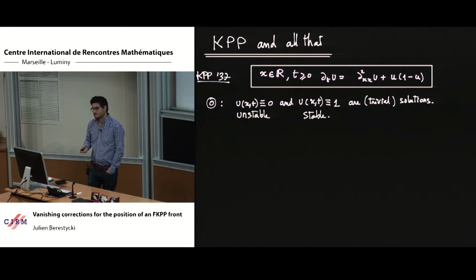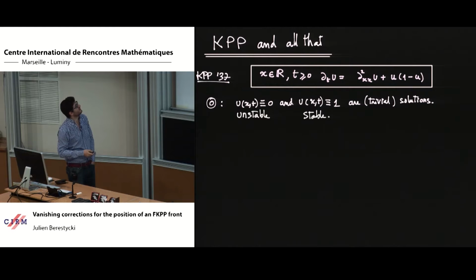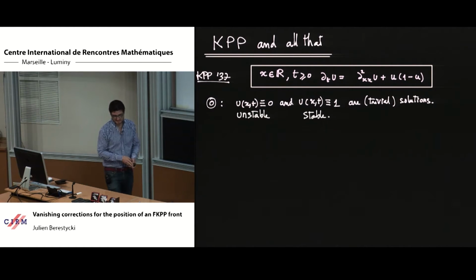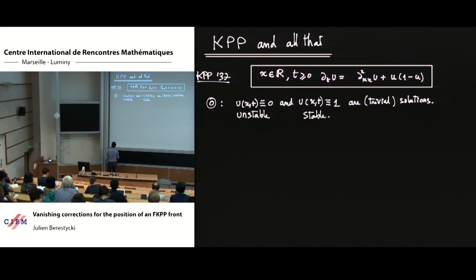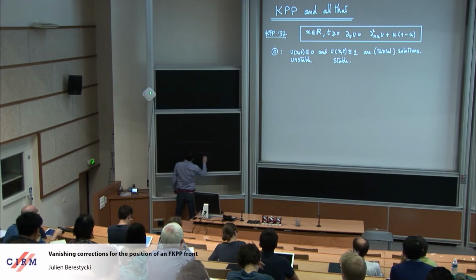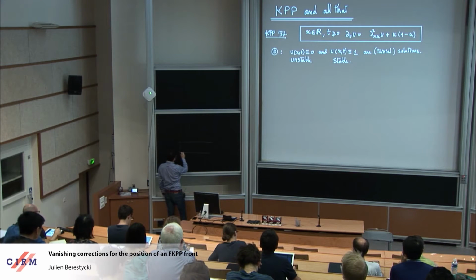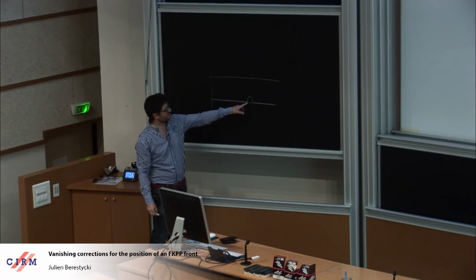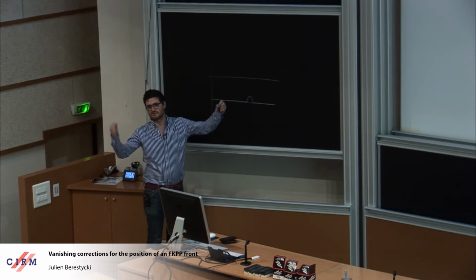Okay, so what can we say about this equation? Well, the first thing you can say, which is very simple, is that of course you have two trivial solutions: the one which is always 0 and the one which is always 1. And the one which is always 0, you're going to call unstable. This is because if you start with a small perturbation, okay, so you're considering solutions which move between 0 and 1, and your initial solution is almost always 0 except at a small place, this little bump of mass here is going to start to grow and invade everything.